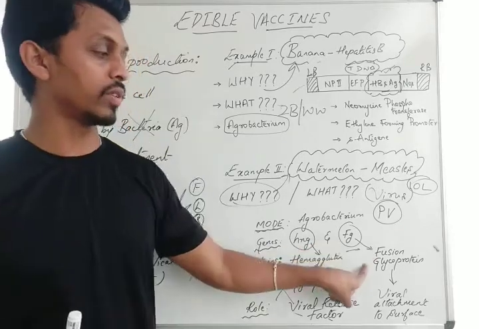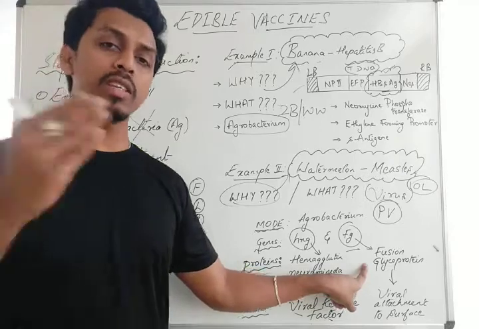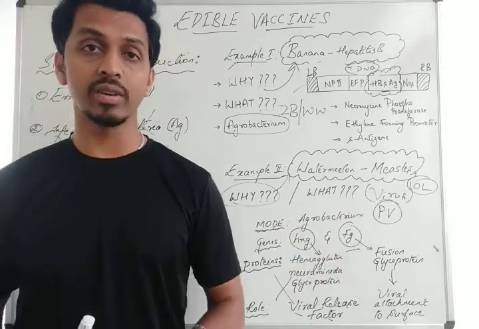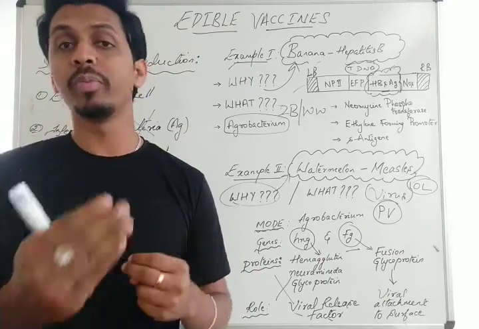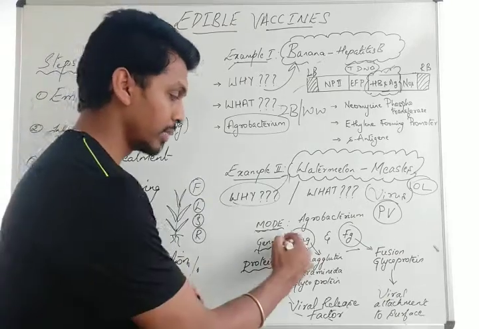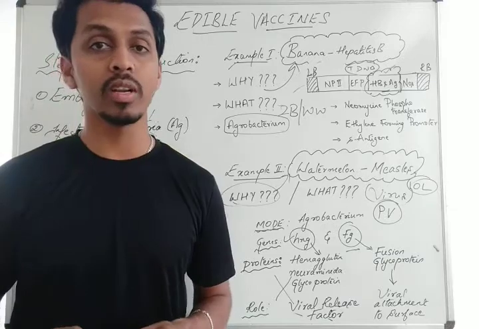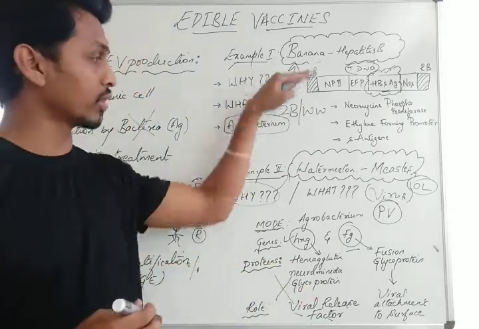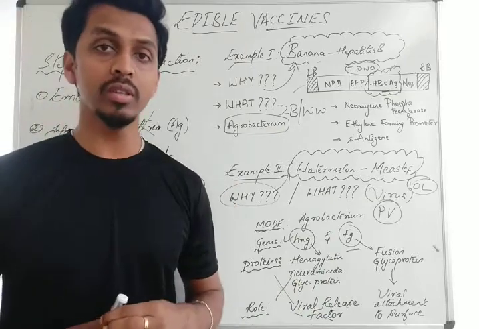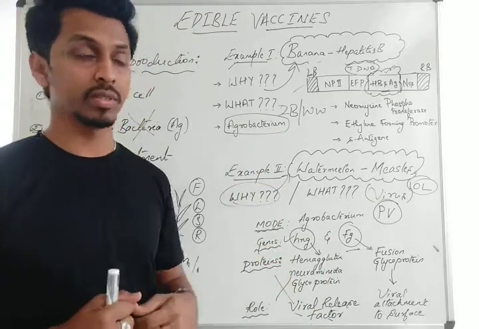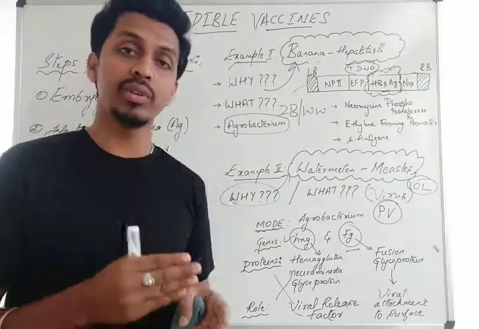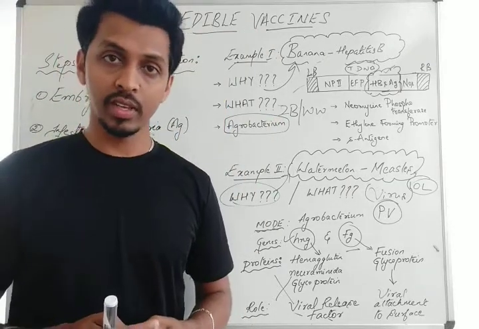So that is the role of fusion glycoprotein. If the F gene is inactivated, the virus will not be able to enter and spread. These are the two important examples of edible vaccines being observed even today. Thank you for watching the video.